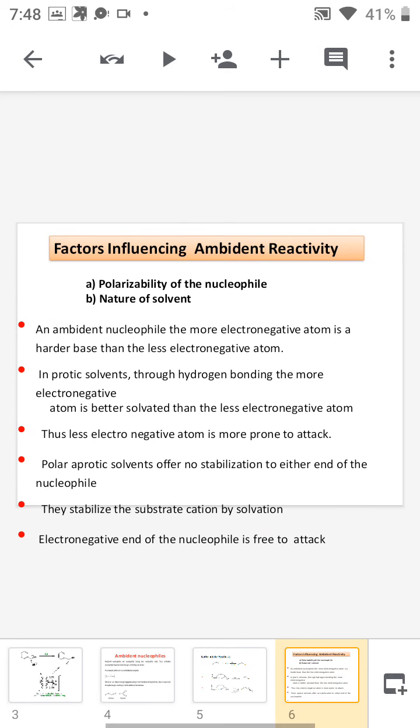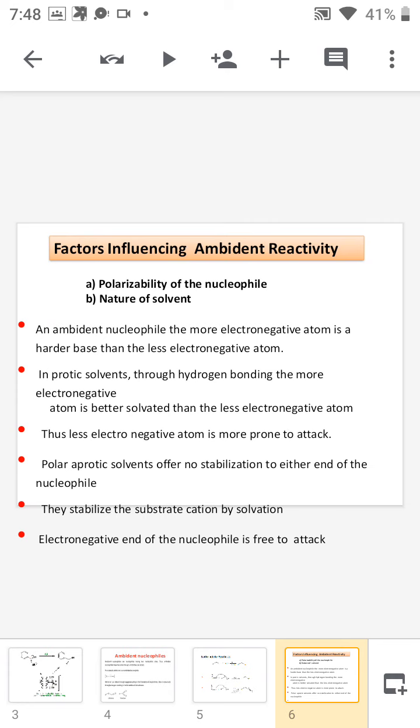Now, there are some factors which affect the reactivity of the ambident nucleophile. First one is the polarity of the nucleophile, and the second one is the nature of the solvent used in the chemical reaction. You know that there are two atoms present in the ambident nucleophile.